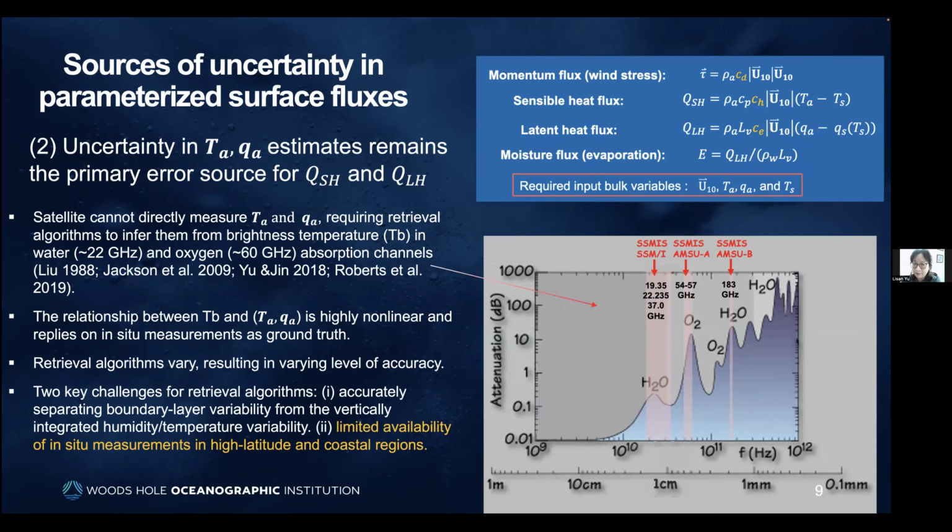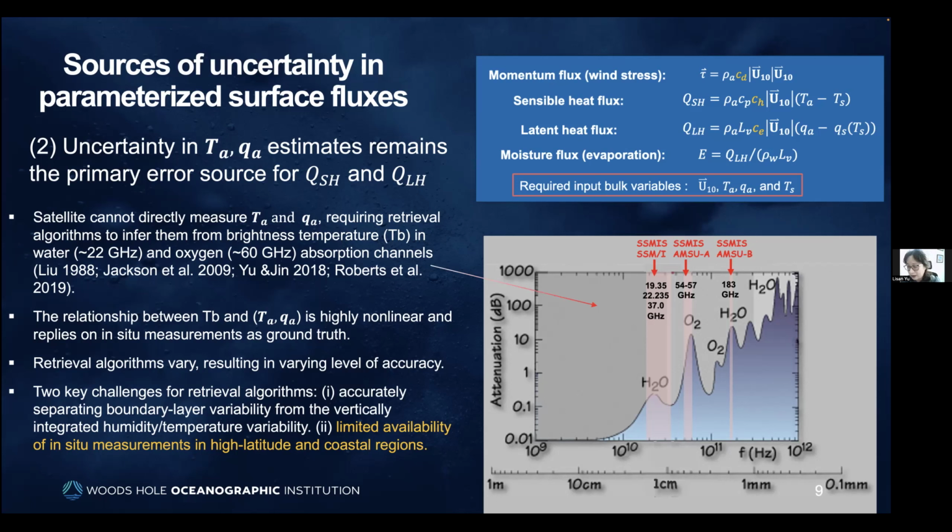Among these variables, TA and QA, which are air temperature and humidity, cannot be directly observed from satellite because they do not interact with or emit electromagnetic radiation that would allow them to be sensed. So they are inferred from brightness temperature in the water and oxygen absorption channels.